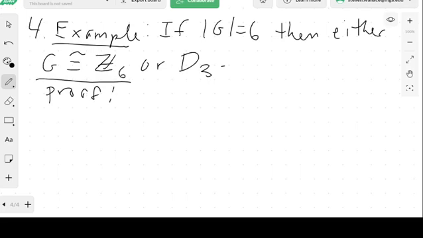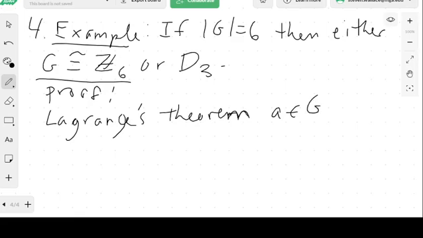By Lagrange's theorem, the only possible orders of elements is 1, 2, 3, or 6, right?